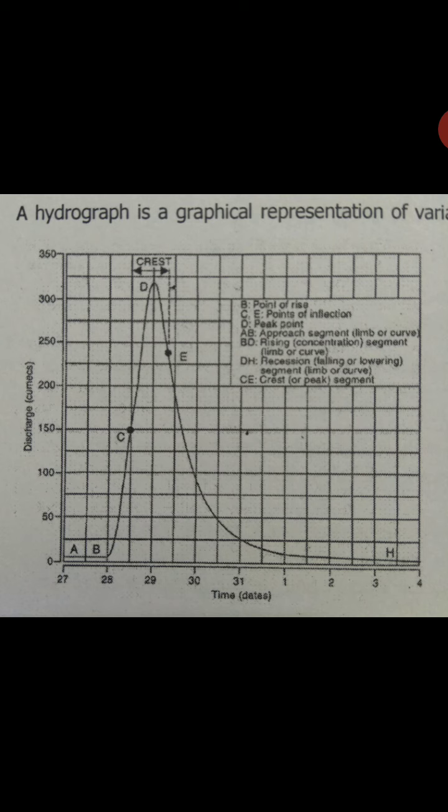At a particular point of a stream, it shows the time distribution of total runoff at the point of measurement. Discharge is plotted on the y-axis and the corresponding time is plotted on the x-axis.